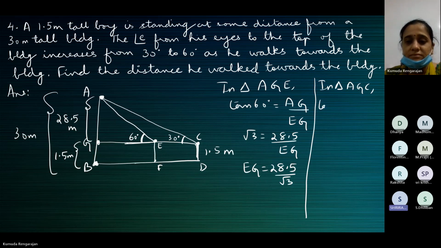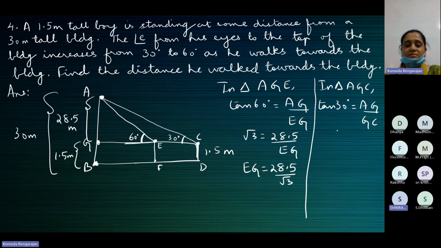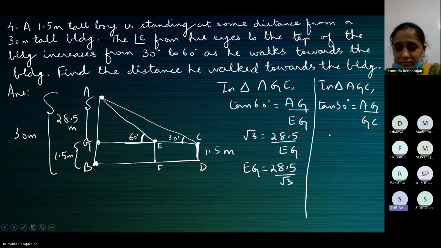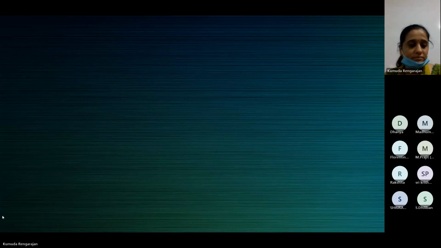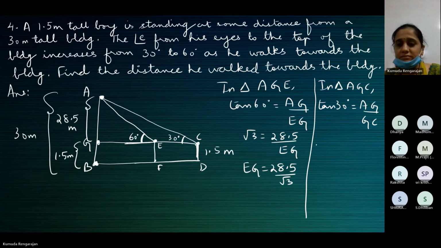Tan 30 degrees is equal to AG by GC, AG opposite by GC, correct. Tan 30 is 1 by root 3, equal to 28.5 by GC.